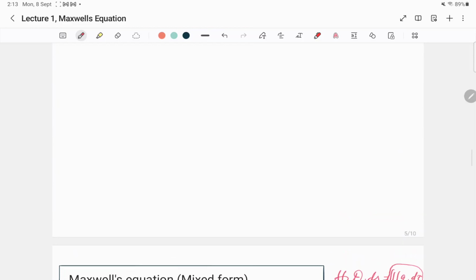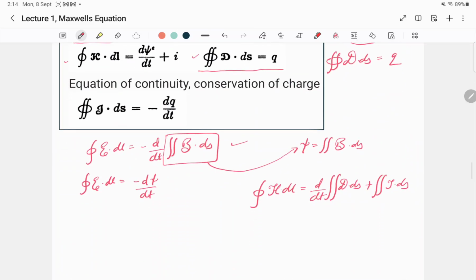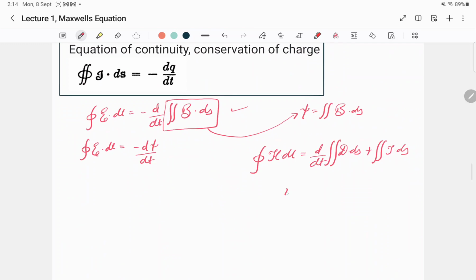Now I am going to use this particular equation and this particular equation. Okay, so I is equal to the surface integration of J dot dS and psi e is equal to the surface integration of D dot dS.